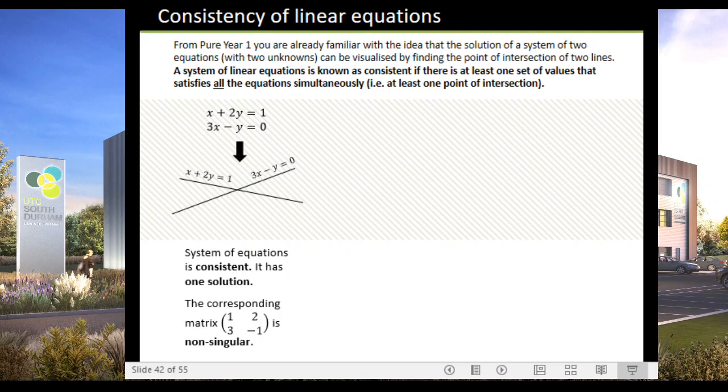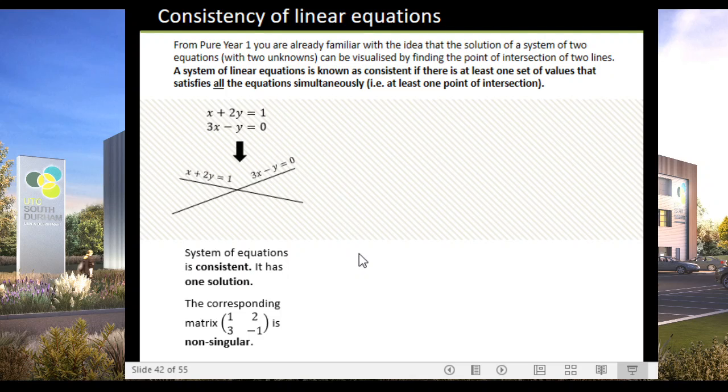So, first set of equations we can look at is x plus 2y equals 1, 3x minus y equals 0. You could have solved that at GCSE, nice set of simultaneous equations. You would have found the solution to that in terms of x equals and y equals. You can think of this system of equations from a further maths point of view as the matrix (1, 2; 3, -1) times the vector (x, y) equals the vector (1, 0).